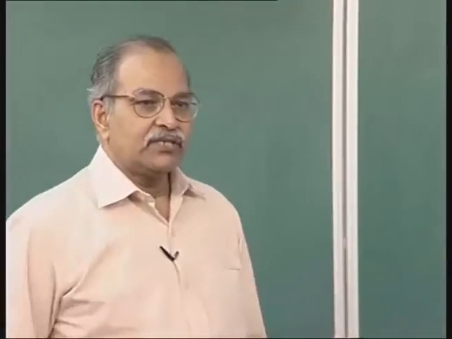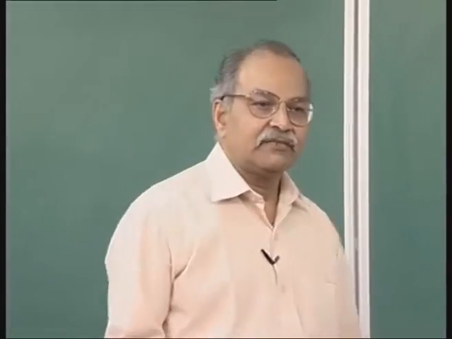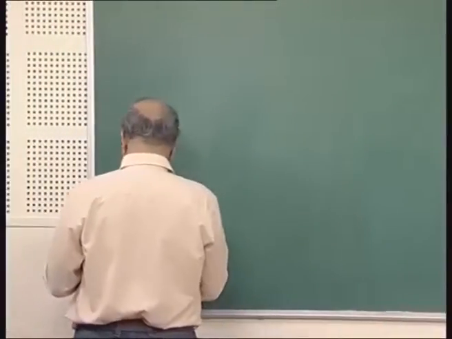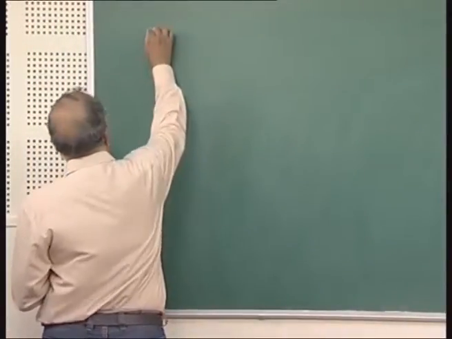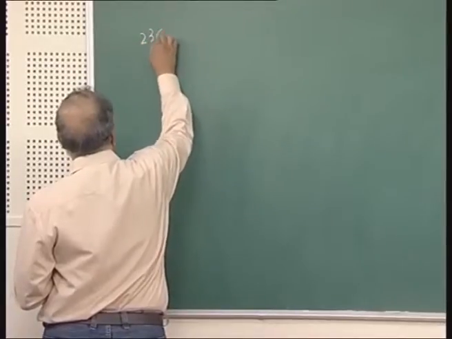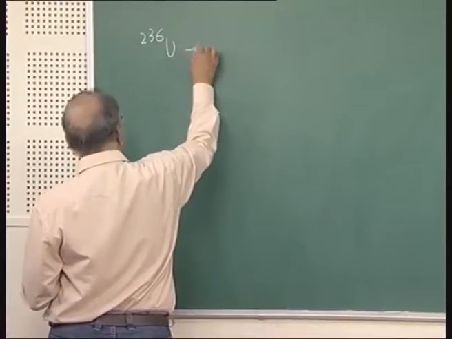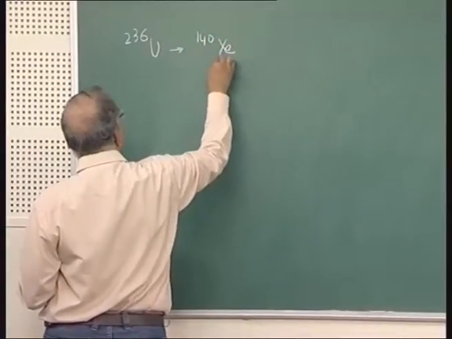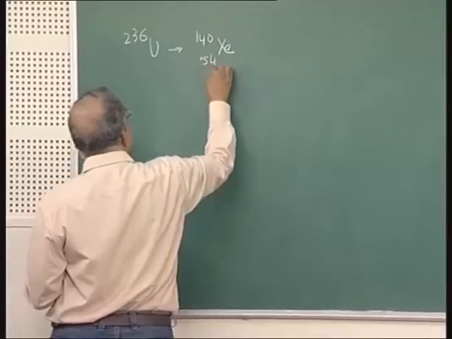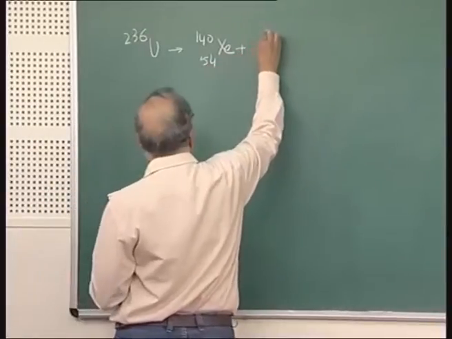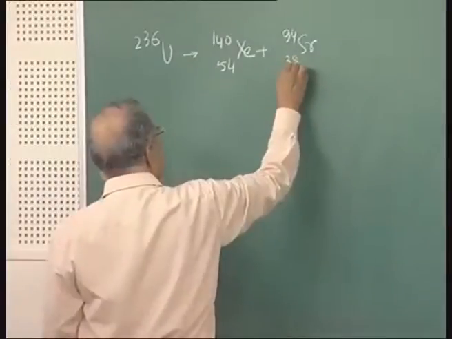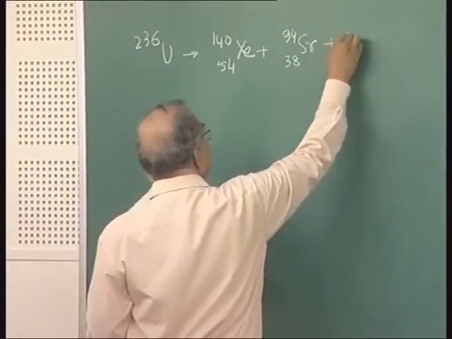The other thing is neutron excess in the final products. So you remember some of the equations that I had written, one of them was uranium 236 going to, let us say, xenon 140 with Z equal to 54, plus strontium 94, that is Z equal to 38, plus 2 neutrons.